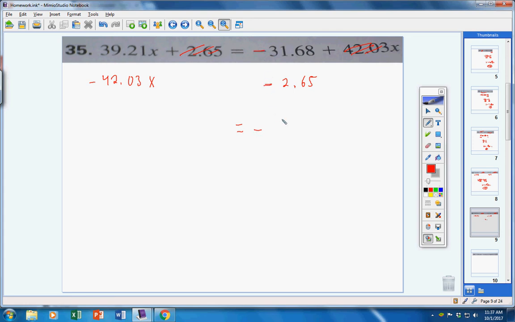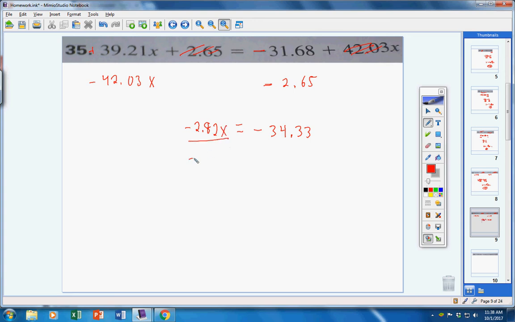So now we're in debt 34.33. Over here we're subtracting, so we have 39.21 to the good, but we have 42.03 negative. So we pay off as much debt as we possibly can, and we're still left with negative 2.86.